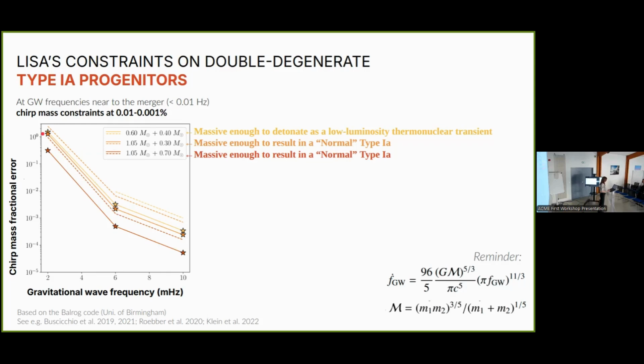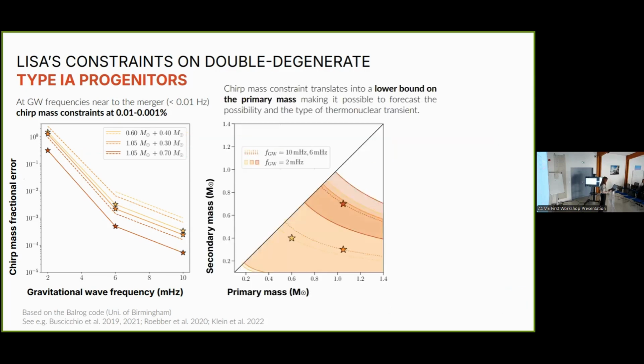So again, here at a couple millihertz frequencies, we are just starting to measure these chirps from which we can recover the chirp masses, but already going to 4 millihertz and less, we can start placing constraints at the sub-percent level. And from here, we can translate those constraints into primary, secondary mass parameter space.